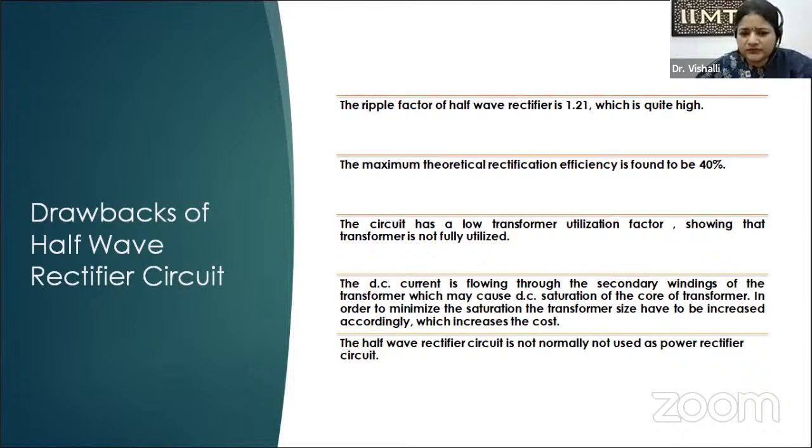And the next point is that the DC which is flowing through the secondary winding of the transformer causes a DC saturation of the core of the transformer. So to minimize this saturation, the size of the transformer needs to be increased. And if we increase the size of the transformer, it will also increase the cost.